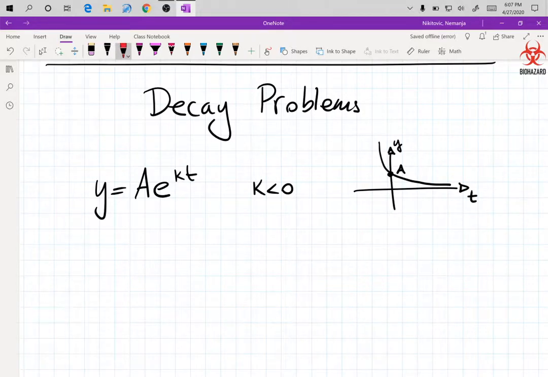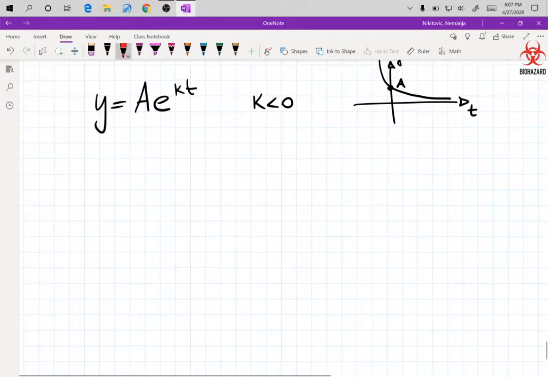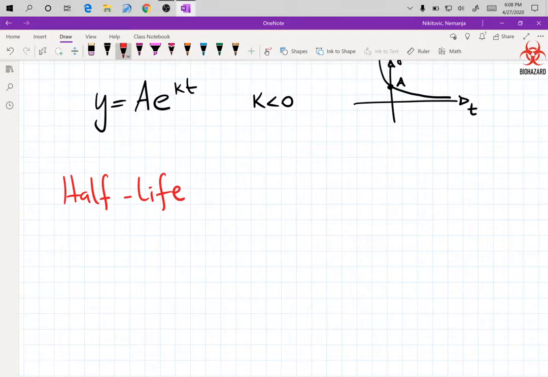So these are our decay problems, k less than 0. Okay, so let's take a look. Before we do anything, we have to define a term and understand something that you will be hearing of in every single problem. And that is the concept of the half-life.